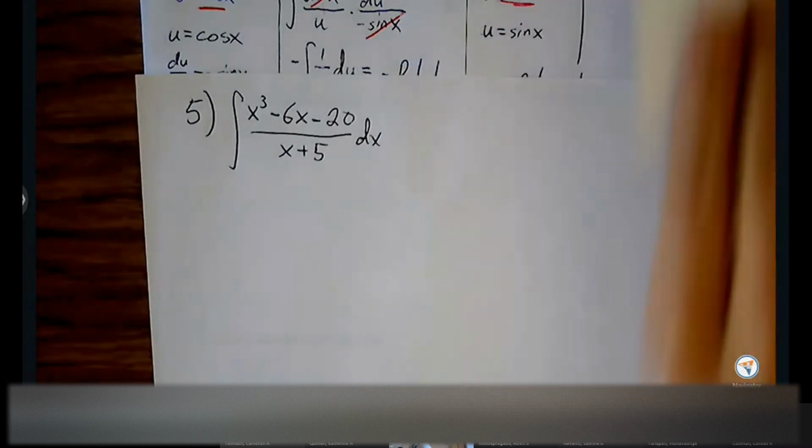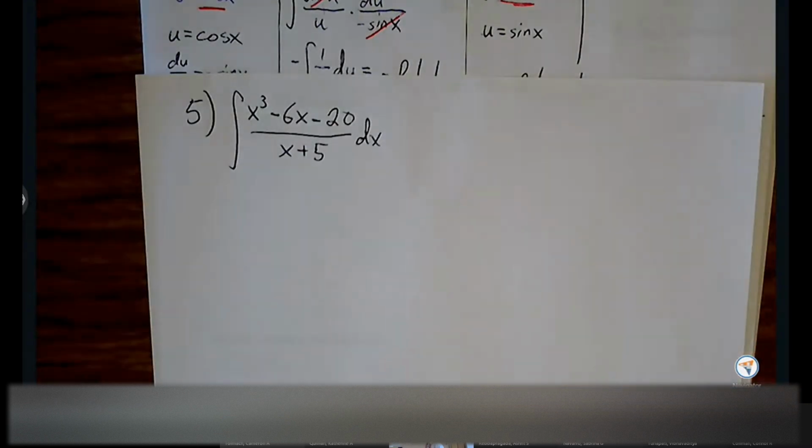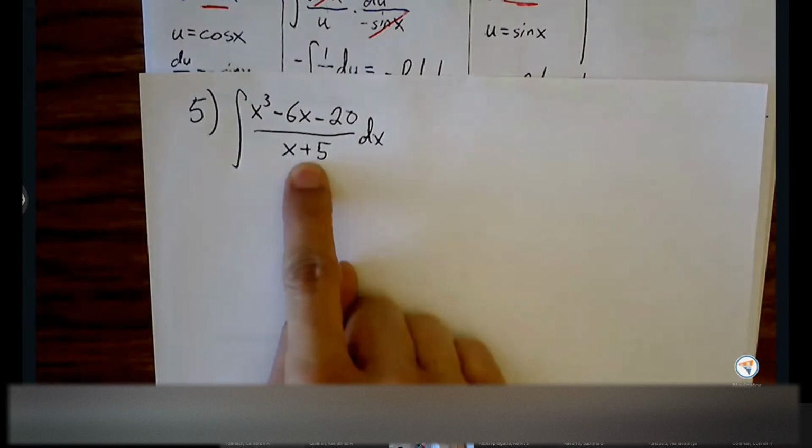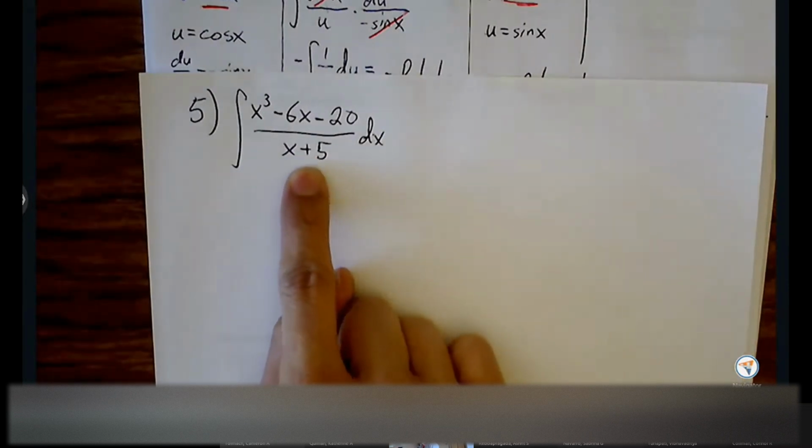All right, next option, u substitution. Maybe we can pick between numerator and denominator. Do you see a u value that could fit? Maybe x plus 5. Okay, that's a good spot to look at. The denominator is a good spot. But what's going to make this challenging?